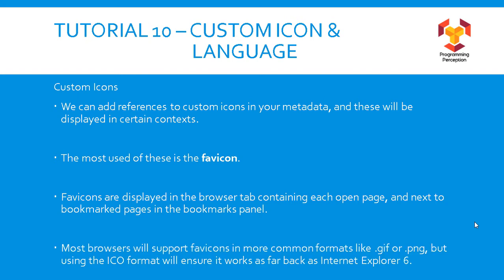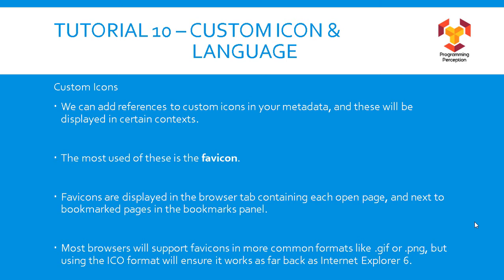Now favicons are also image files, and because they are image files, they are of a certain type. Most modern browsers support common file types like GIF or PNG, and these files can be shown as favicons.